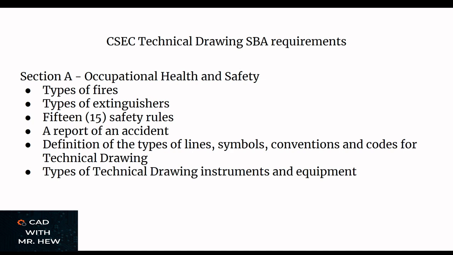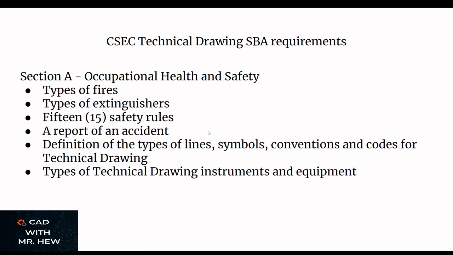Now the candidate is almost finished because to close off section A, the candidate will be required to discuss the different types of technical drawing instruments and equipment and to show the different instruments. It would include the diagrams, right? So the diagram for the different drawing instruments and equipment, all right? So they would explain what they are and also show a diagram, okay? All right, so we would have completed section A.